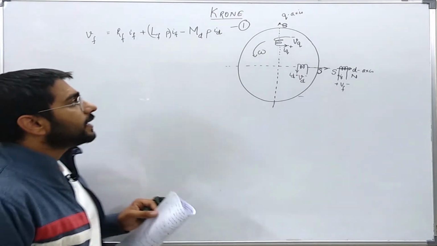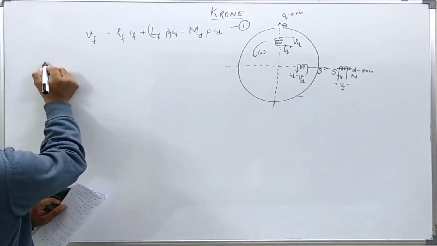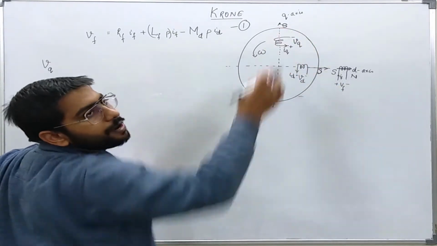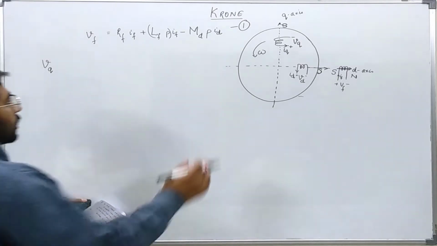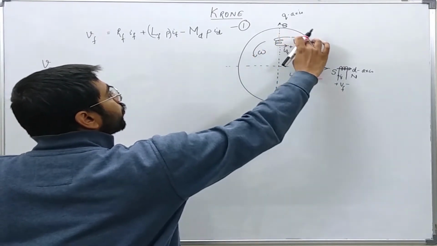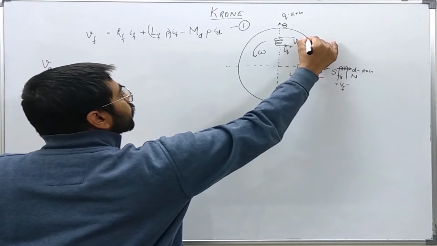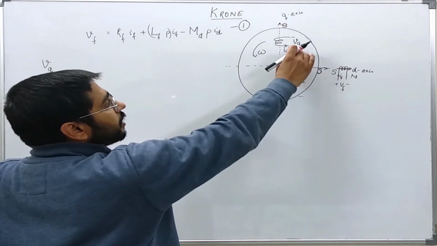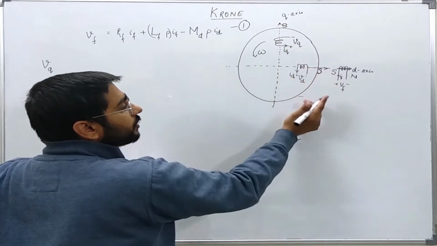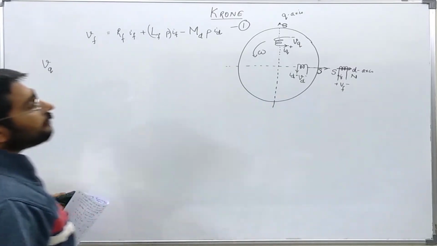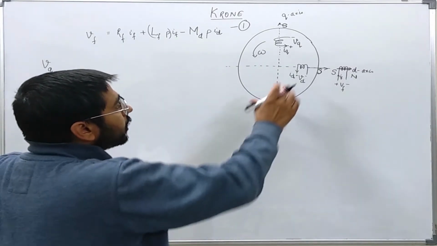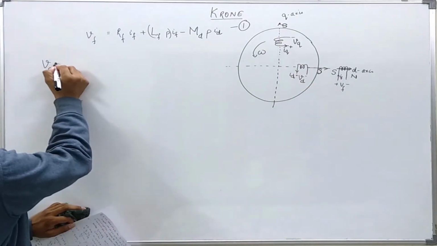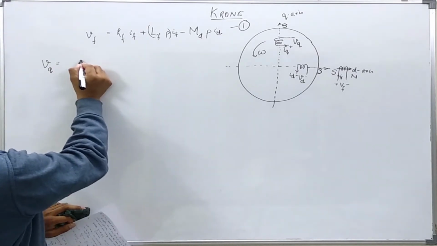Now let us write the voltage for the Q winding. Here it was the applied voltage, now it is the generated voltage. Now this VQ cannot have any transformer induced voltage because of the currents in the D axis. It will have only the motional EMF because of the currents ID and IF. But let us say some current is flowing which is IQ.